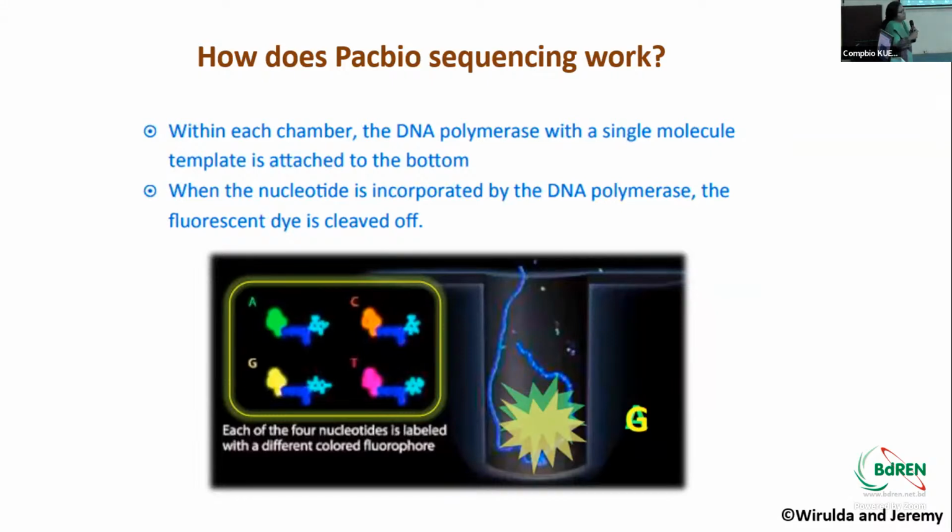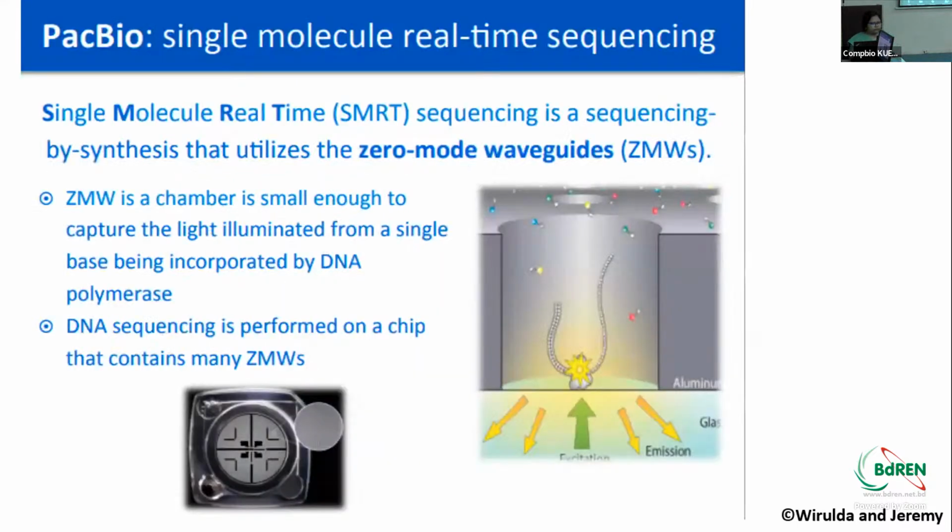In PacBio, we saw the Illumina procedure mainly, but how can PacBio sequence the longer sequence? They use a technology called zero mode waveguide, also called single molecule real-time sequencing.